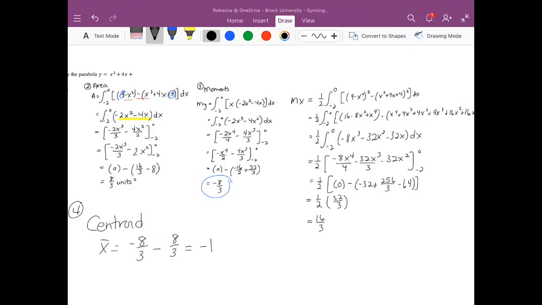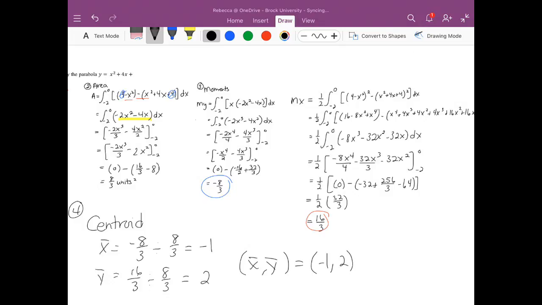You end up with negative 1. And your y is going to be your Mx divided by your area. Which gives you 2. So all together, you end up with negative 1, 2.